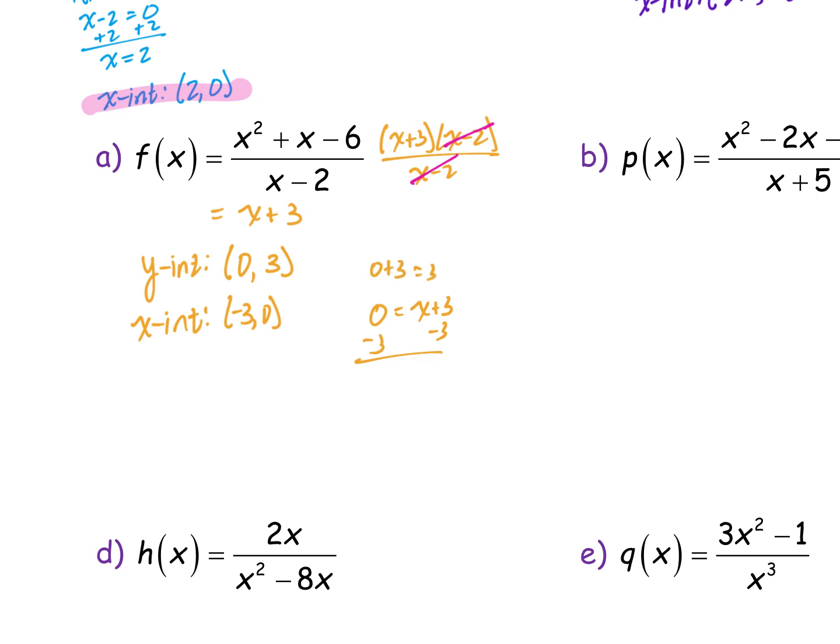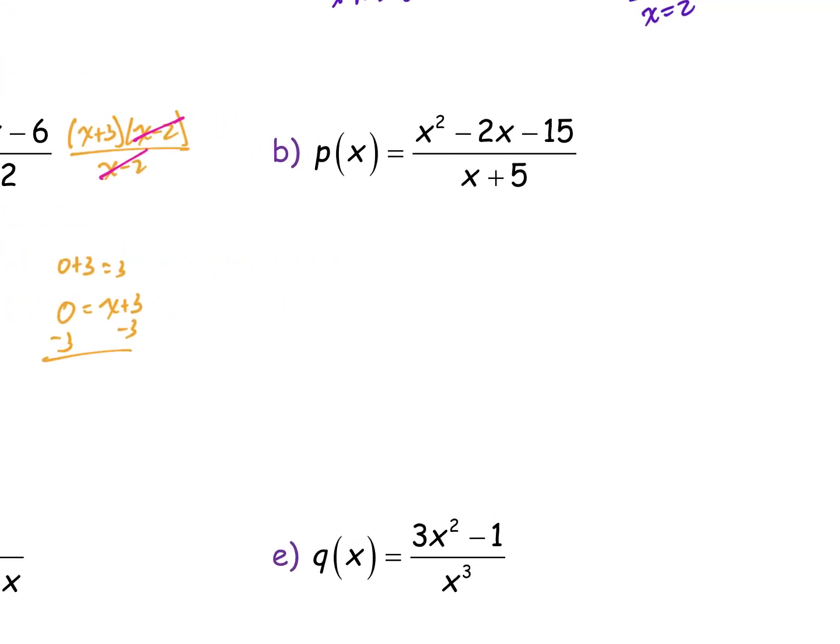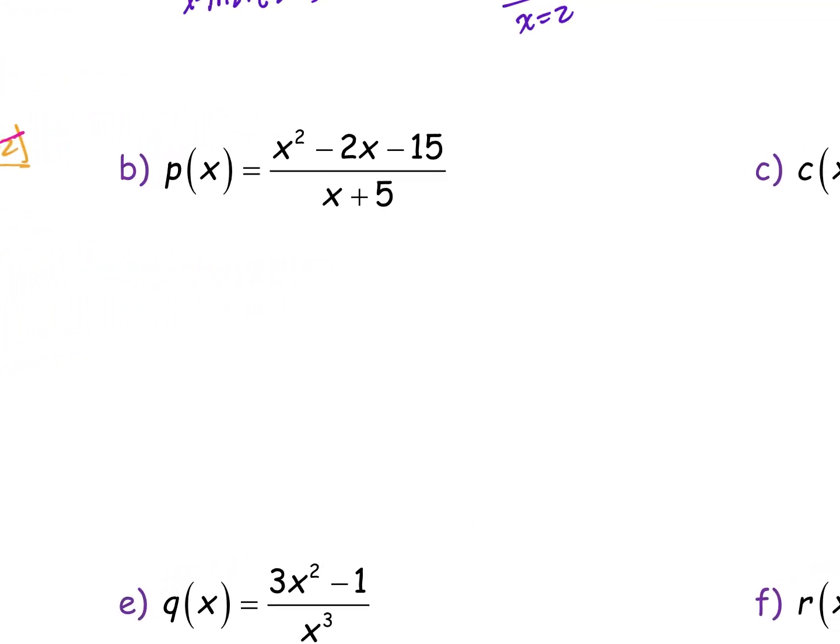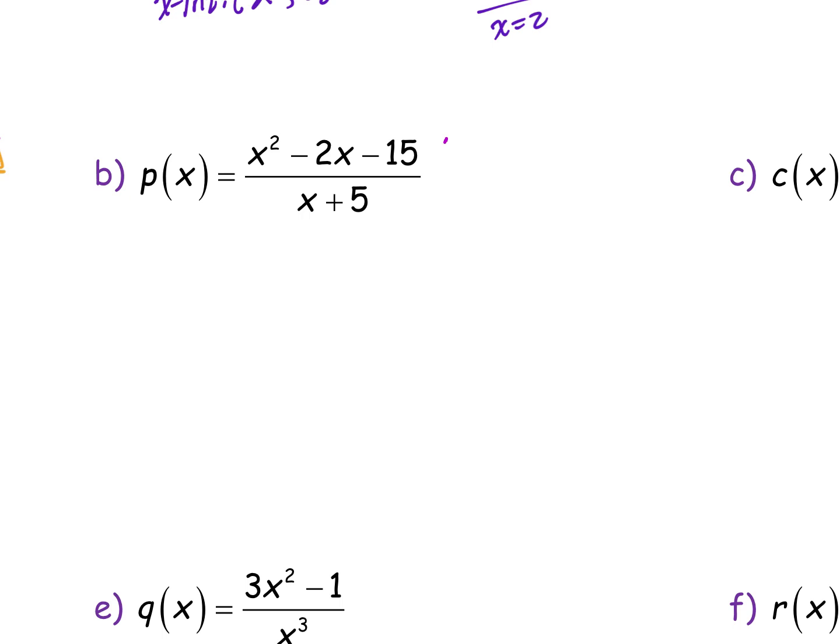Okay. And then for B, we're going to factor again. I'm going to get x minus 5 times x plus 3, I think that's what it is, all over x plus 5. So there's nothing to be simplified there.